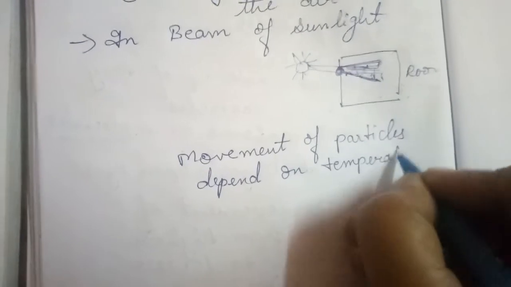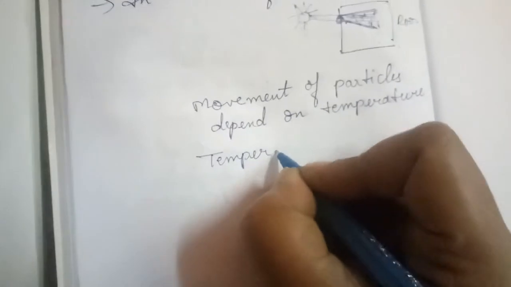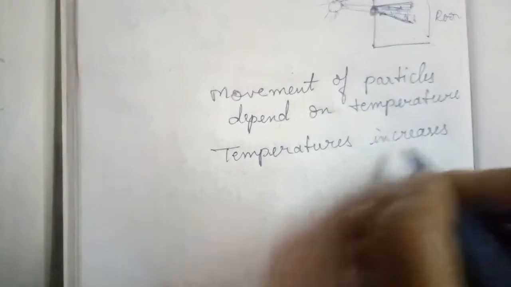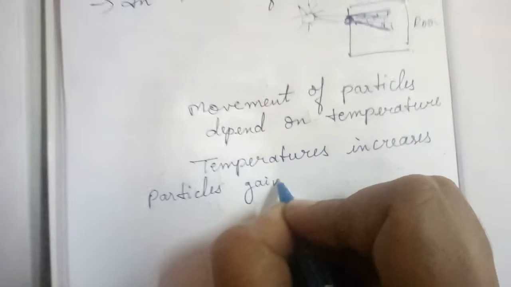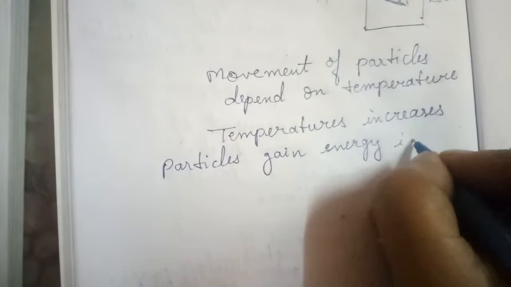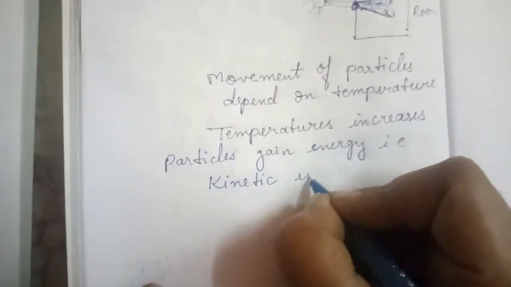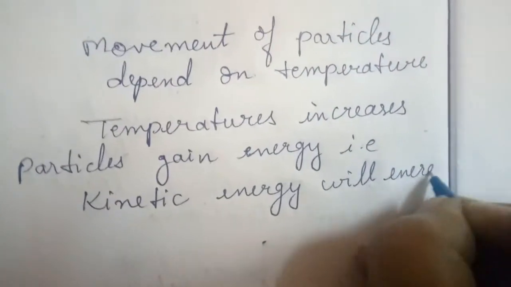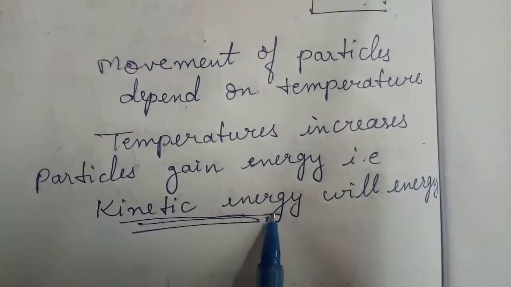That means as the temperature increases, the particles gain energy, and their kinetic energy will increase. What is kinetic energy? Movement. Kinetic means anything which is moving. So that is called kinetic energy.